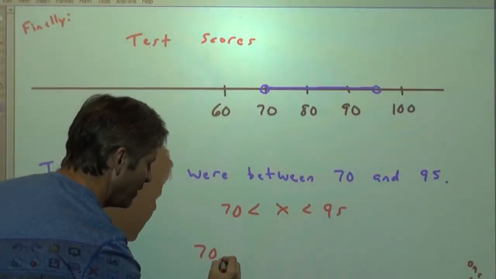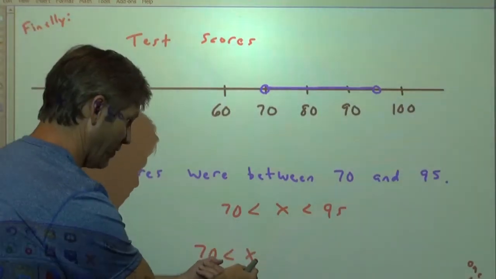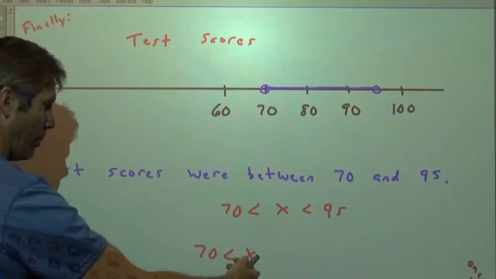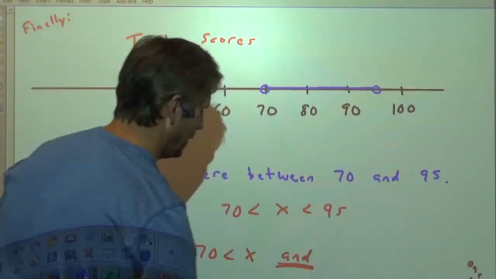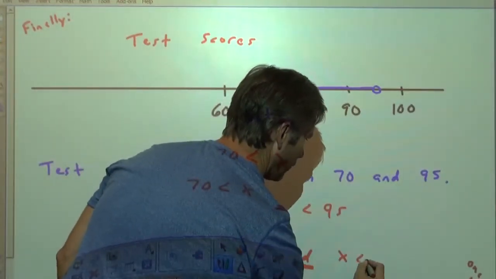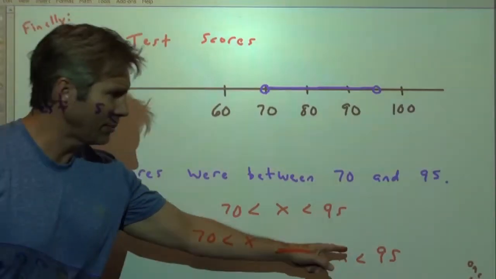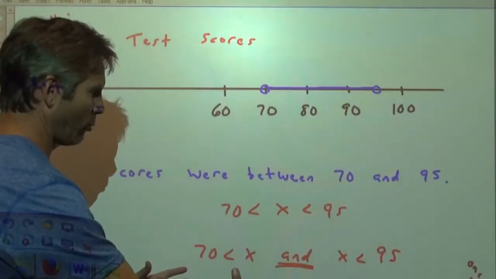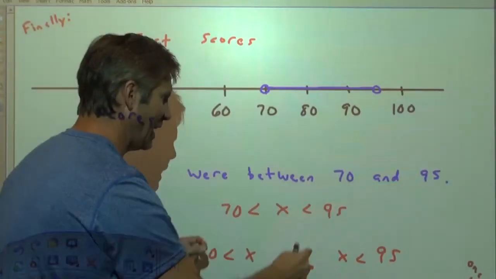It means that 70 must be less than the test score that we had, or that x, the test score, is greater than 70. Remember, we can read it the other way. And at the same time, it's got to be true that the test scores we had were less than 95. So for both of those statements to be true and come together in one statement, it implies that x would have to be between 70 and 95.